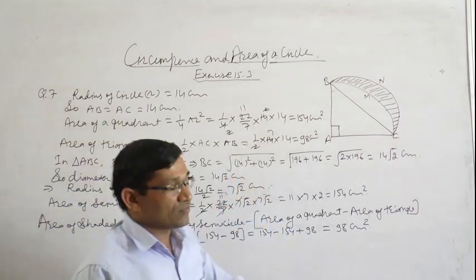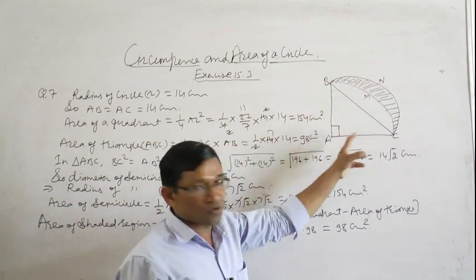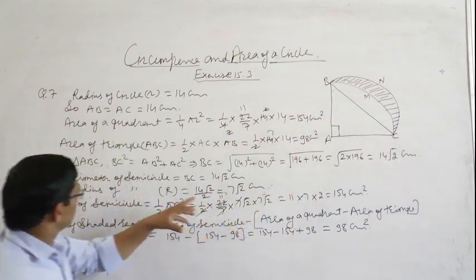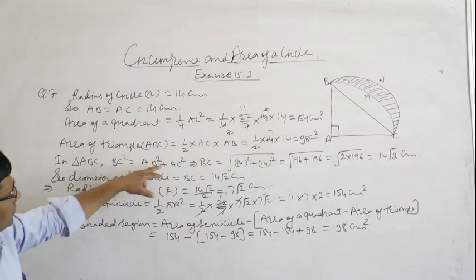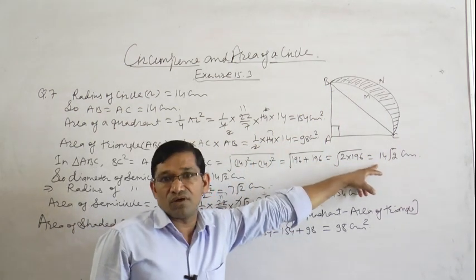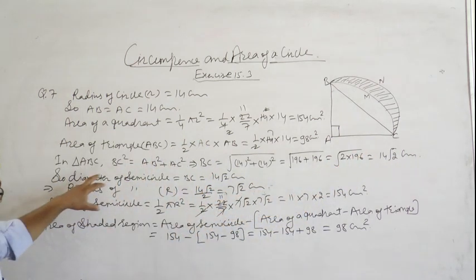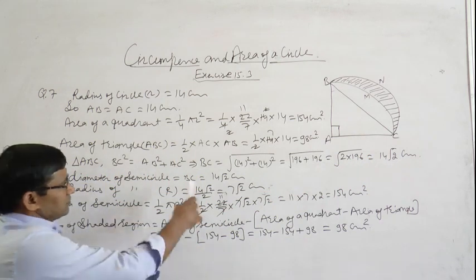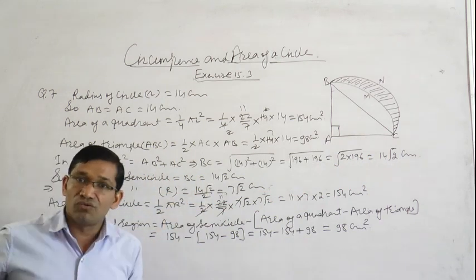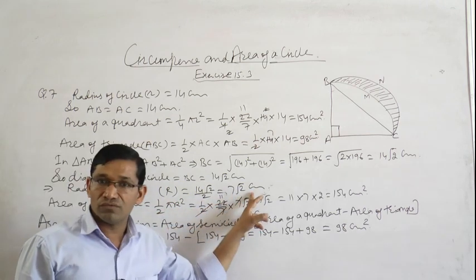So we find BC, which is the hypotenuse of the right angle triangle. By Pythagoras theorem, BC square is equal to AB square plus AC square. We get BC is 14 square root 2 centimeter. So diameter of semicircle BC is 14 root 2 centimeter, that is, radius is 7 root 2 centimeter.